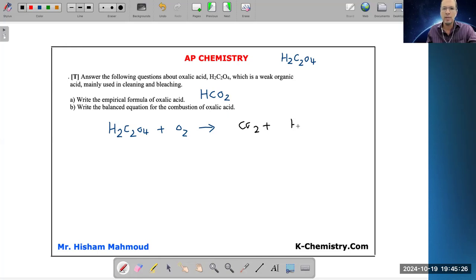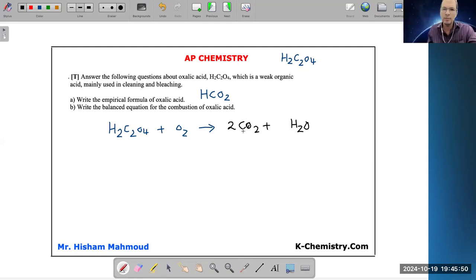What about the balance? Can we balance it? Carbon is 2, so 2 CO2, and then the hydrogen is the same. What about the oxygen?